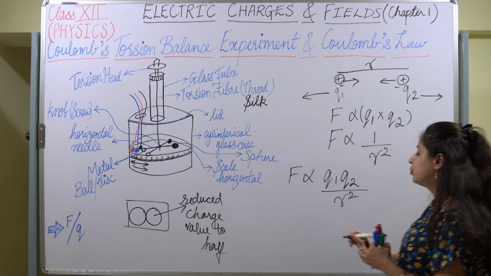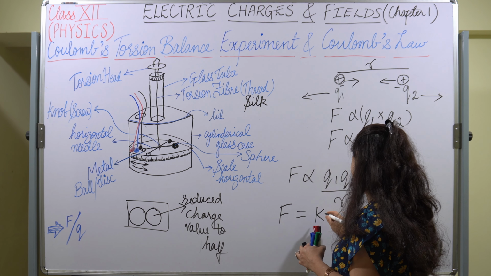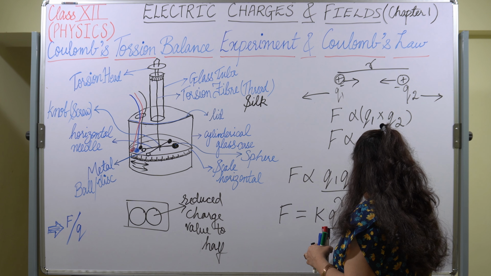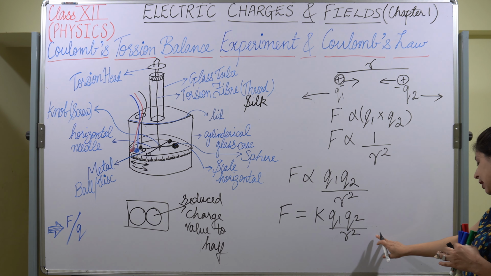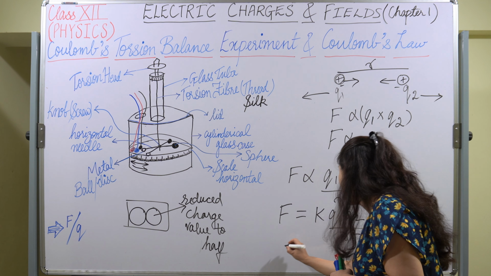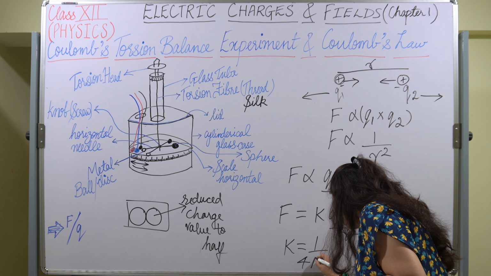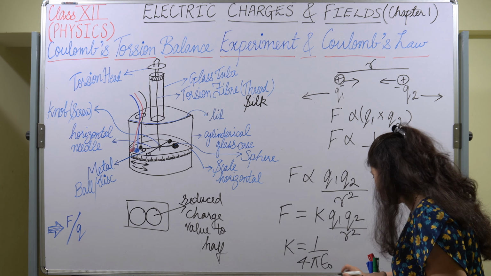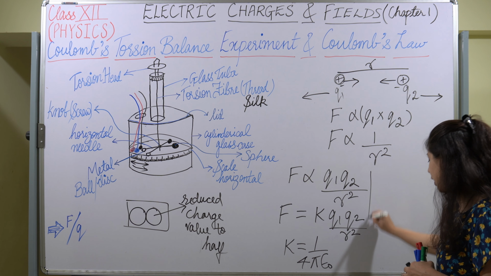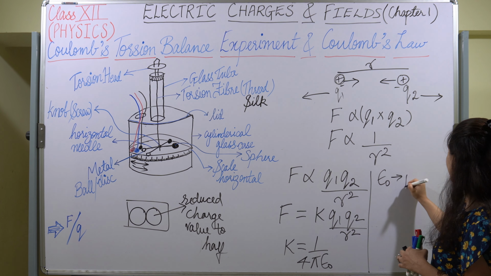If we remove the proportionality sign, we get F is equal to K Q1 Q2 upon r square, and this K is known as the proportionality constant. The value of K is given by 1 upon 4 pi epsilon naught, where epsilon naught is the permittivity of free space.